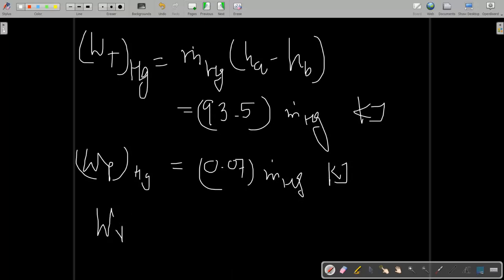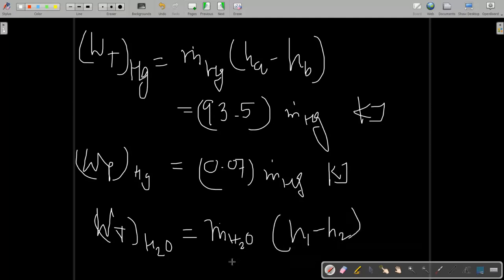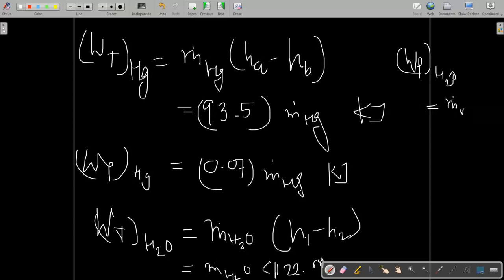Next, turbine work for water, that means mass flow rate of the water into enthalpy difference H1 minus H2. When you put the values, you will get mass of water into 1122.68, and pump work for water is mass flow of water into H4.